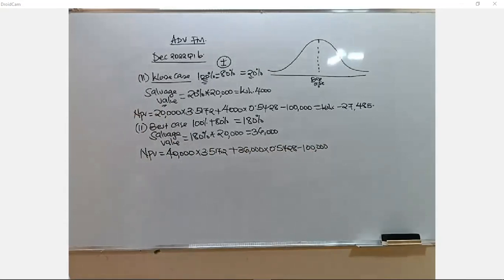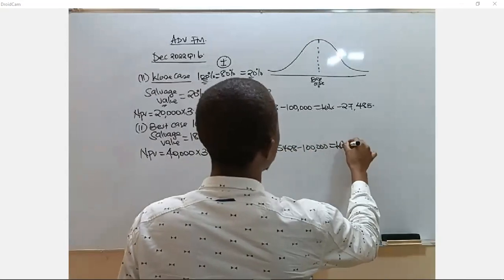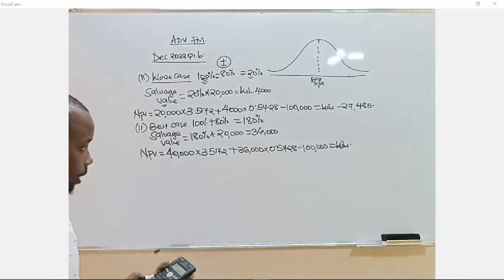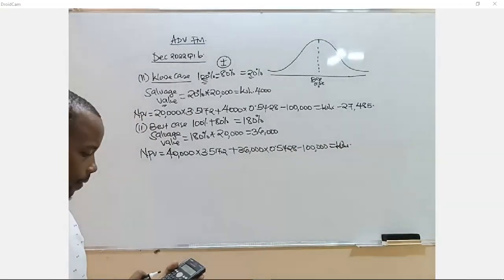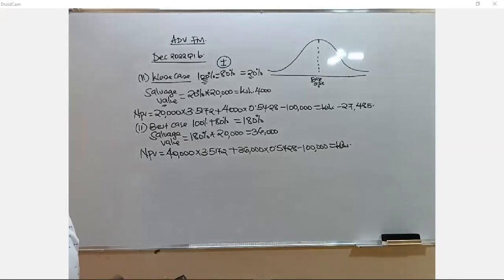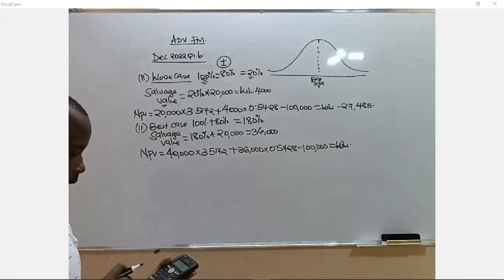Are we together up to that point? Yes. Good. So hii itakuwa ngapi? Kenya shillings. So it will be 40,000 times 3.5172 plus 36,000 times 0.5428 minus 100,000.